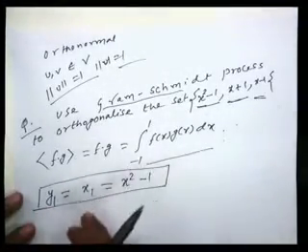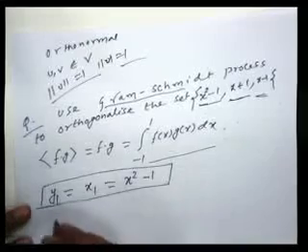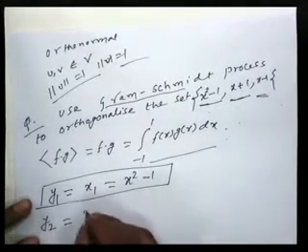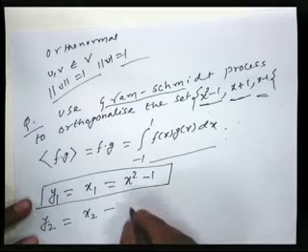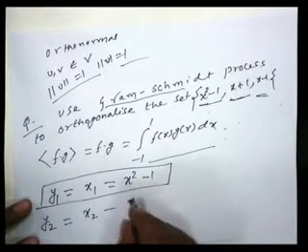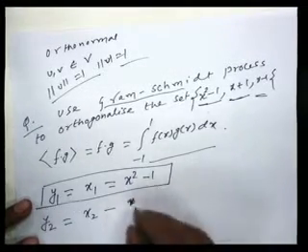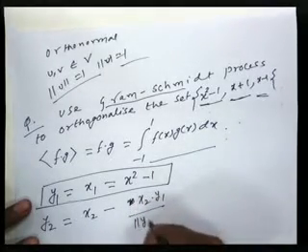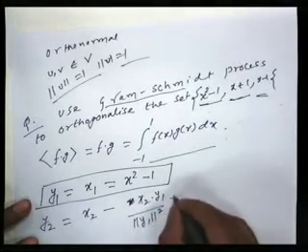For calculating y2 we have to use the formula of a projection, that is x2 minus the inner product of x2 and y1 over the norm of y1 whole square, into y1.